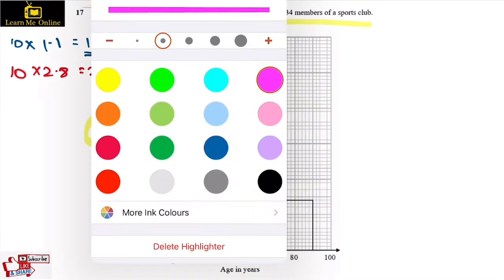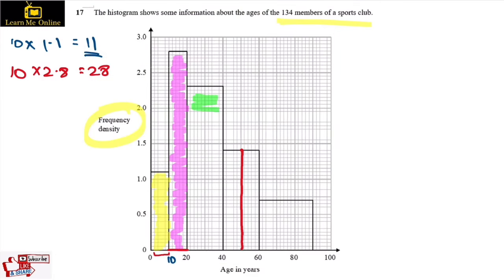To find out how many people the third bar represents, this difference is 20. So we're going to do 20 times, which is the base, and the height would be 2.3. That would be 46.